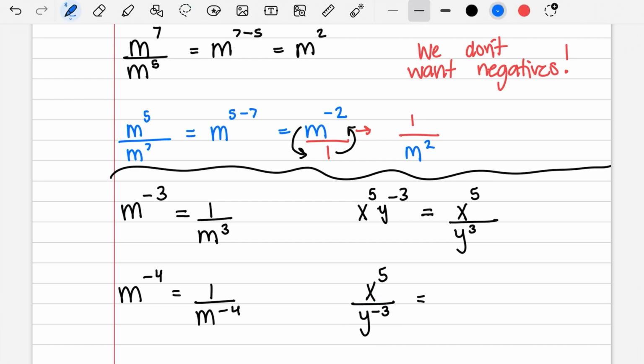Just like the x to the positive 5, it's already positive, so it's staying at the top. Now, we're going to bring y to the positive 3 up. So if it's negative at the top, bring it down to be positive. And if it's negative at the bottom to begin with, bring it up.